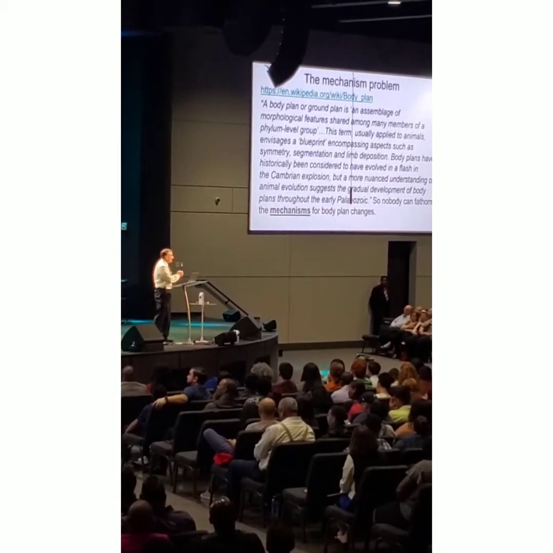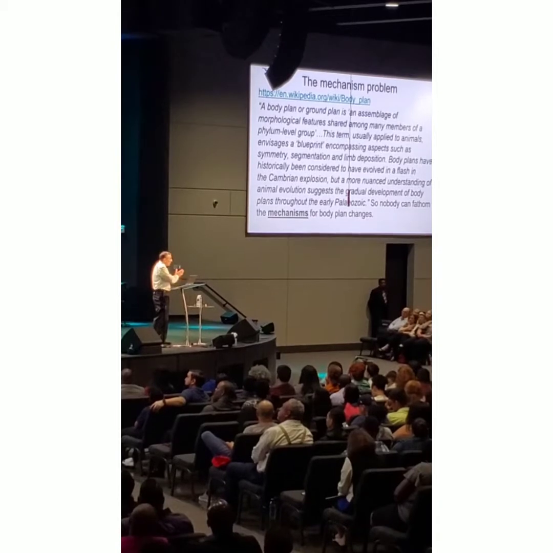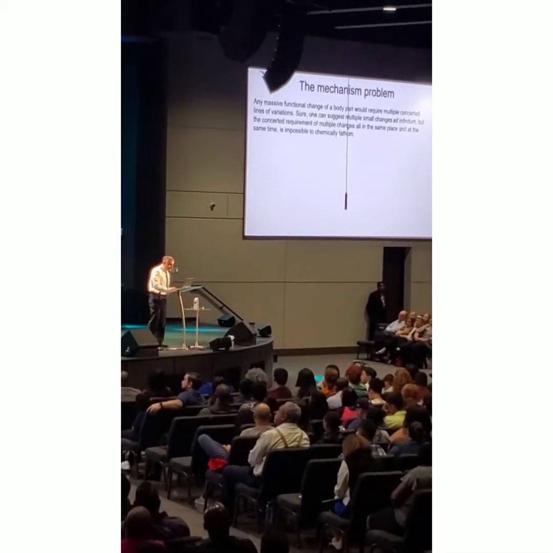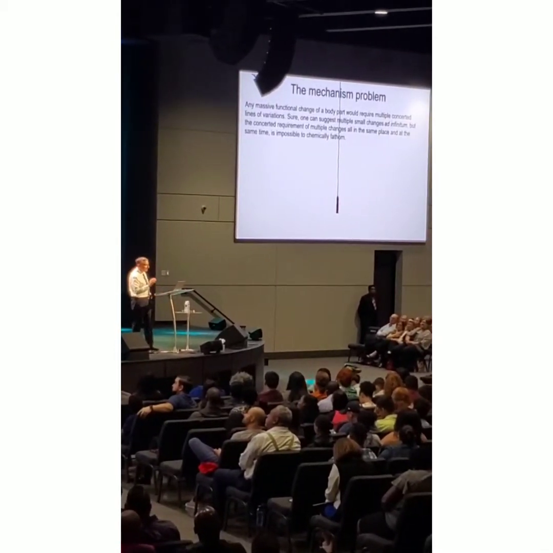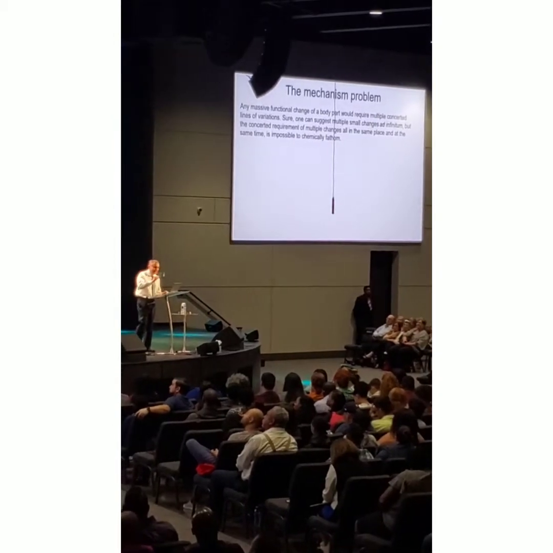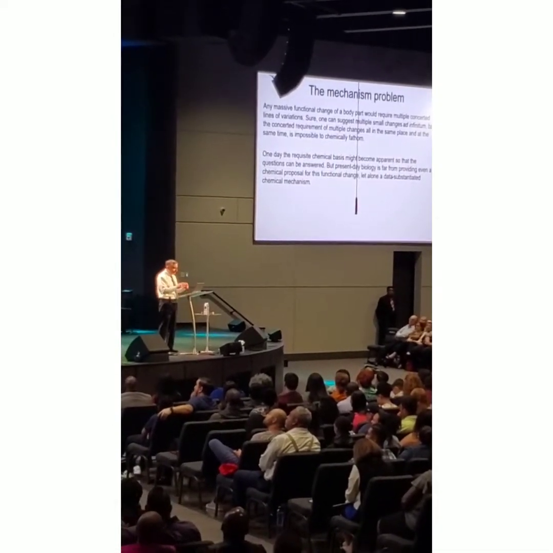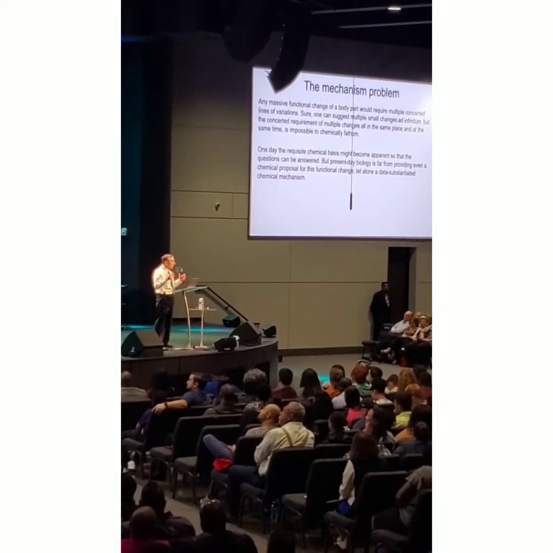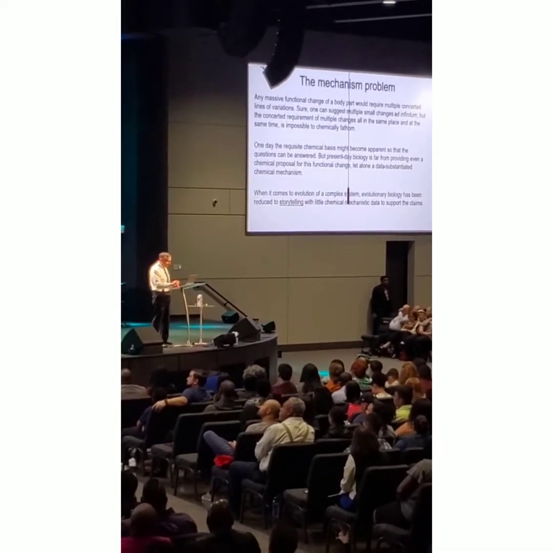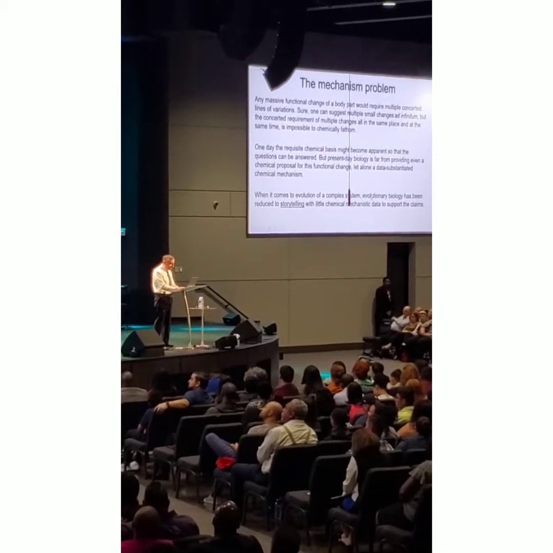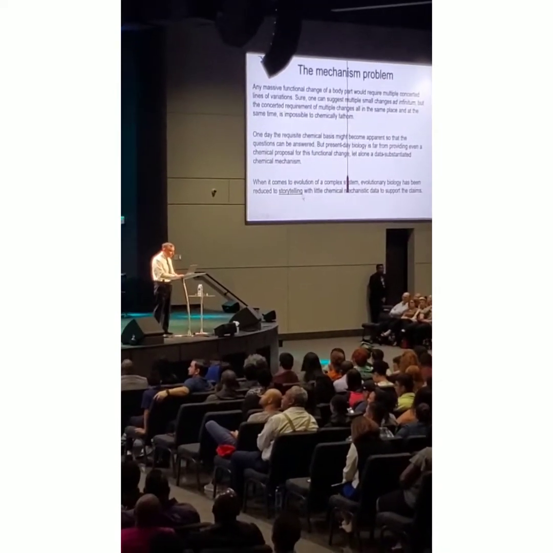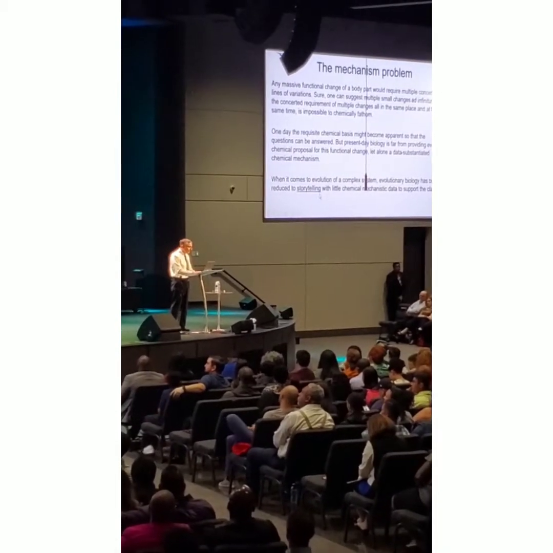The mechanisms are unknown. Nobody knows the chemical mechanisms. So any massive functional change of a body part has to have a change in mechanisms. The problem is the requisite mechanisms of biology are absolutely unknown. So evolutionary biology has been reduced to storytelling.